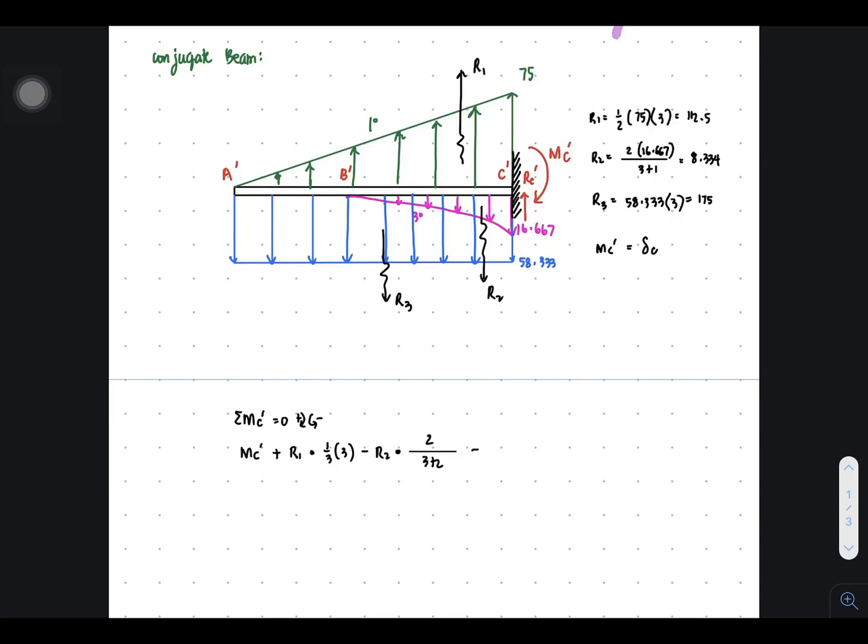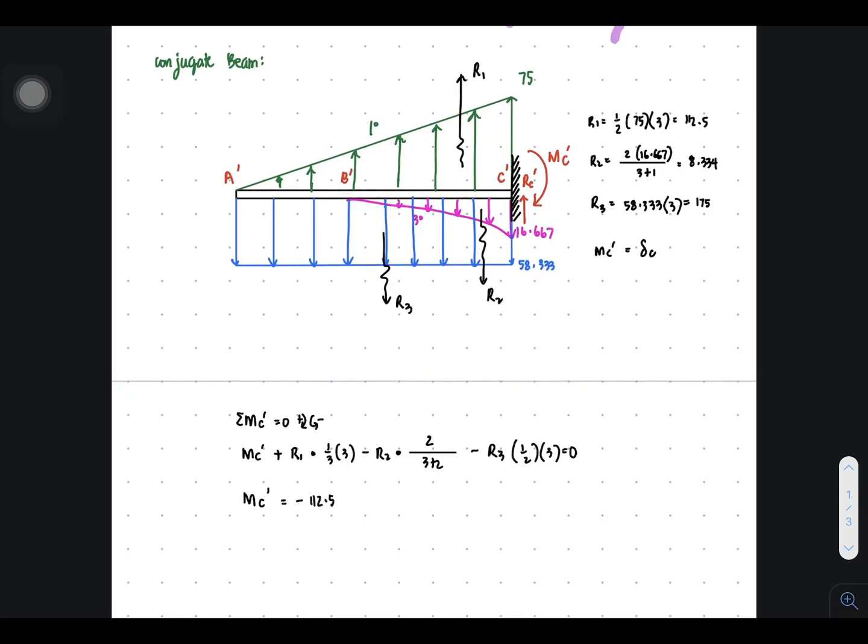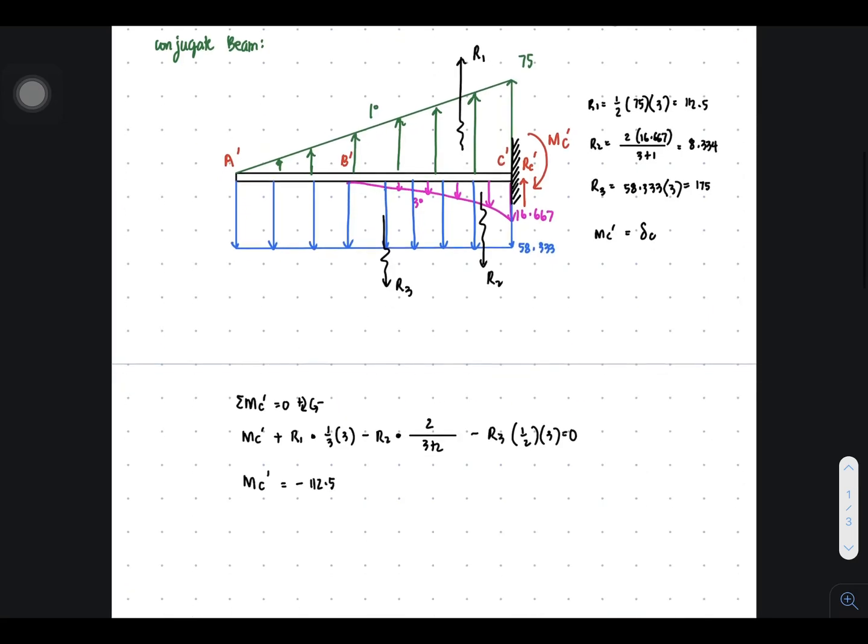And then minus R3 times 1/2 of 3 equal to 0.